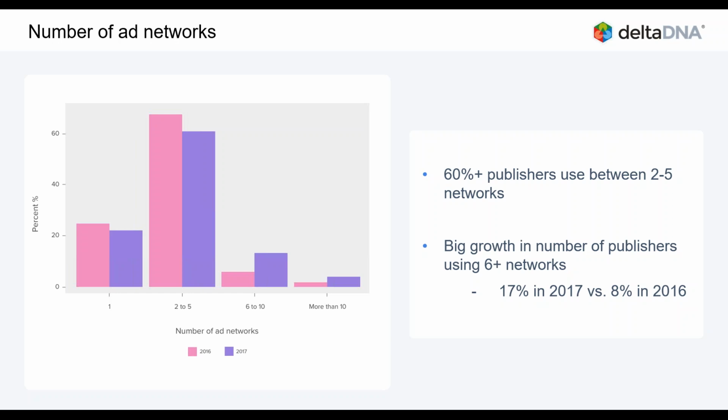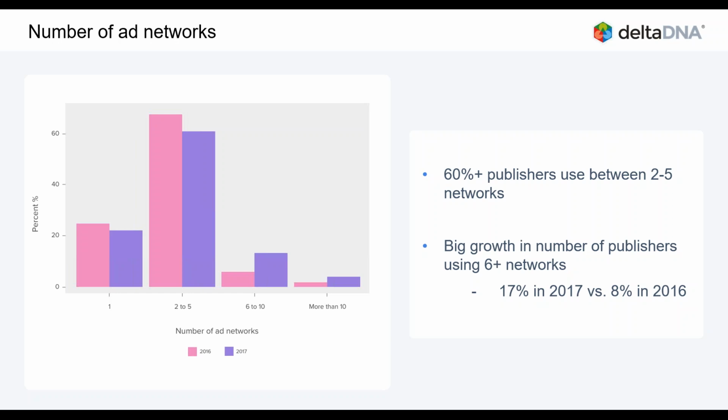What was also really curious in these numbers was that we saw a big growth when we look back at previous years, and some people are using 6+ networks. So in 2016, only 8% of people said they were using 6+ networks, whereas in 2017, 17% of people. So we doubled the fraction of people that said they were using that many.